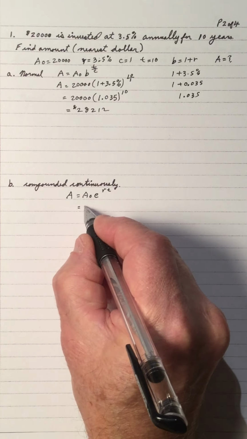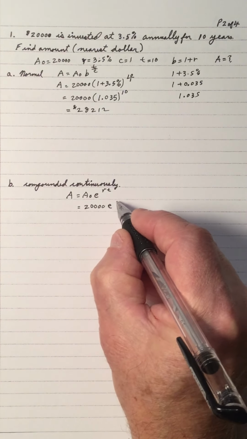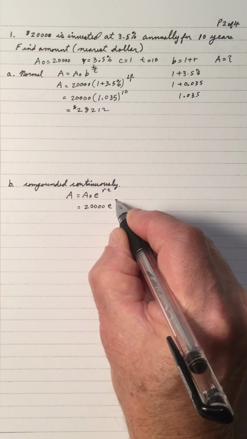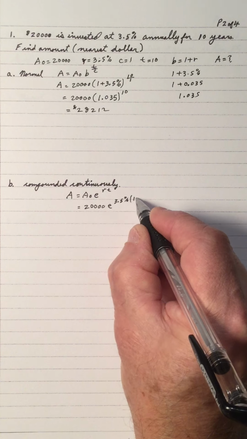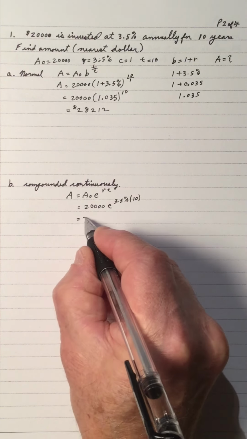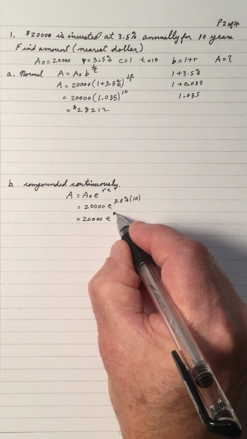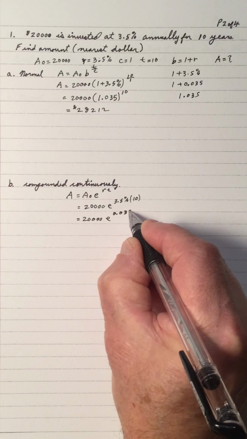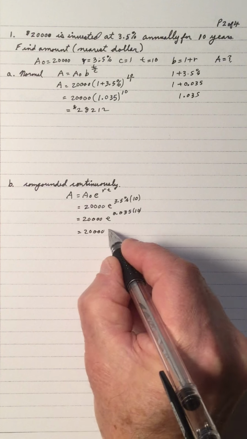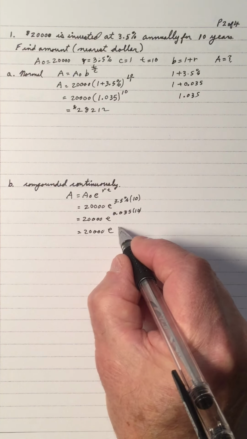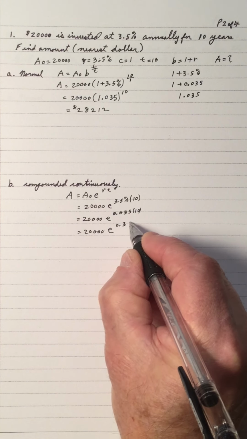So A0 is still 20,000, e, and the rate is 3.5% and the time is 10 years. If you take the rate and change it to a decimal, 0.035 times 10, we get 20,000 e to the 0.35, moving the decimal 1 place to the right.